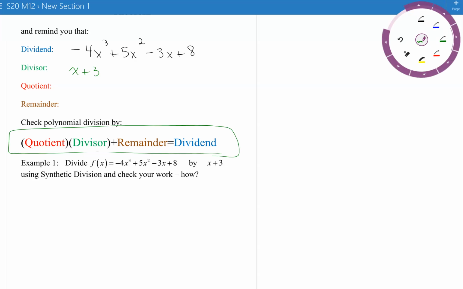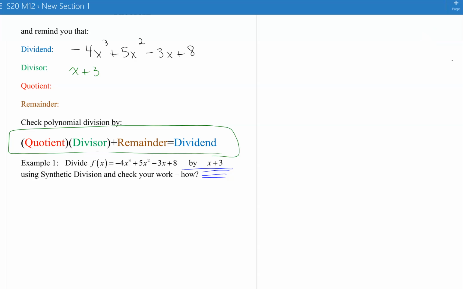And synthetic division's a little tricky because if you're dividing by x plus 3, then the 0 is negative 3. And so negative 3, the 0, is what goes in the pocket for the synthetic division.